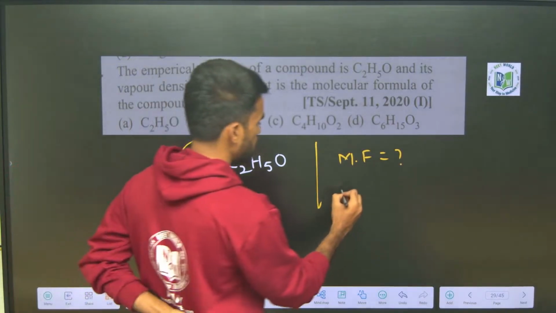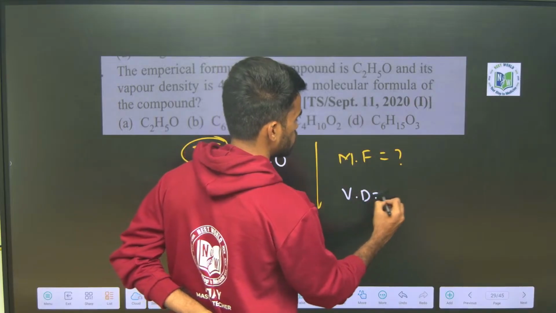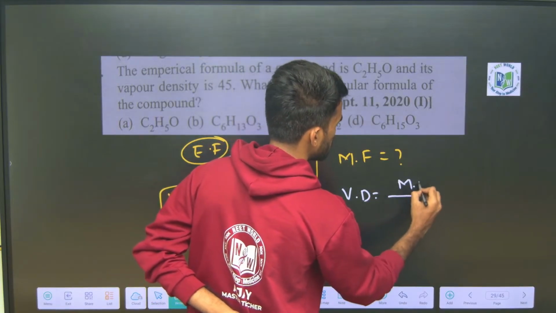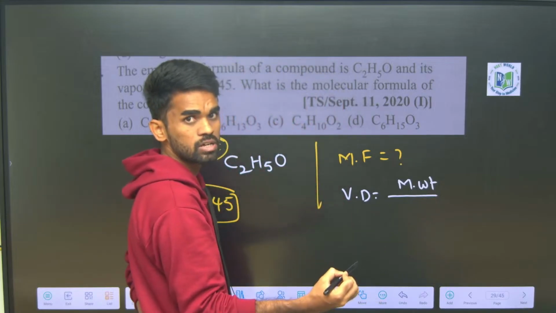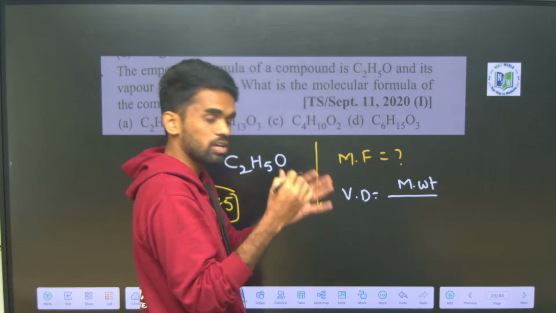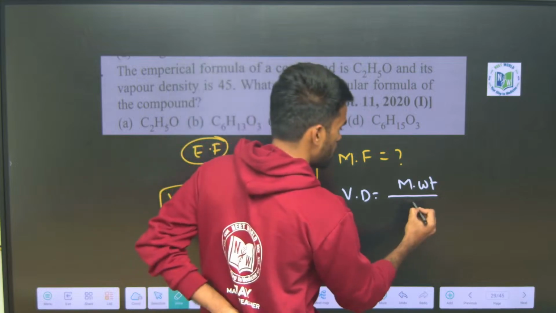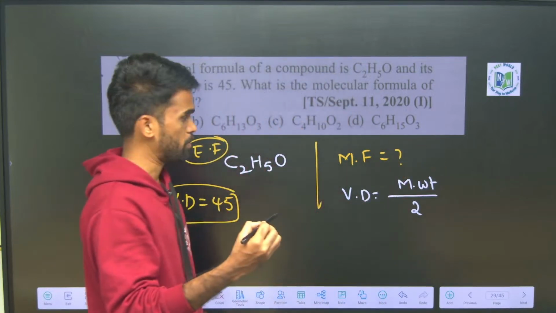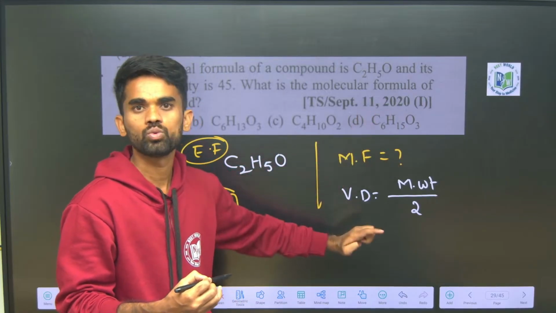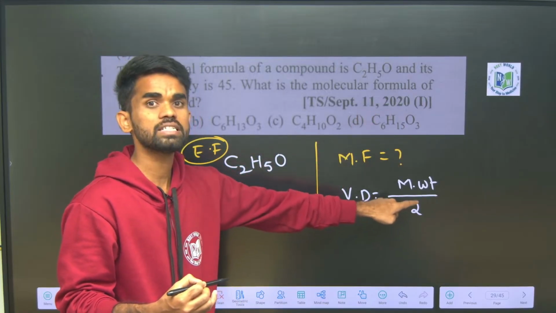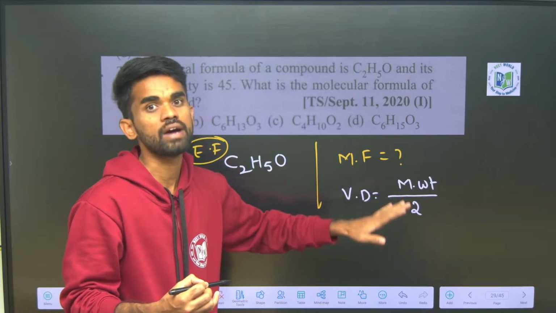See, vapor density of a compound will be equal to its molecular weight divided by molecular weight of hydrogen. What is the molecular weight of hydrogen? It is fixed, that is 2. That's it. Vapor density equals molecular weight of the compound divided by 2. Why is this 2 here? That is the molecular weight of hydrogen.